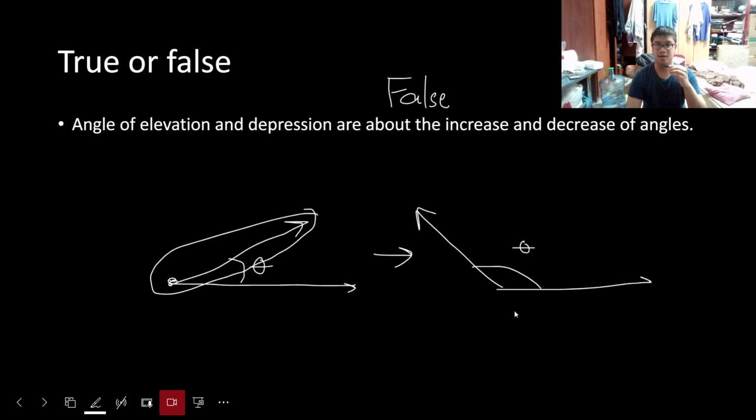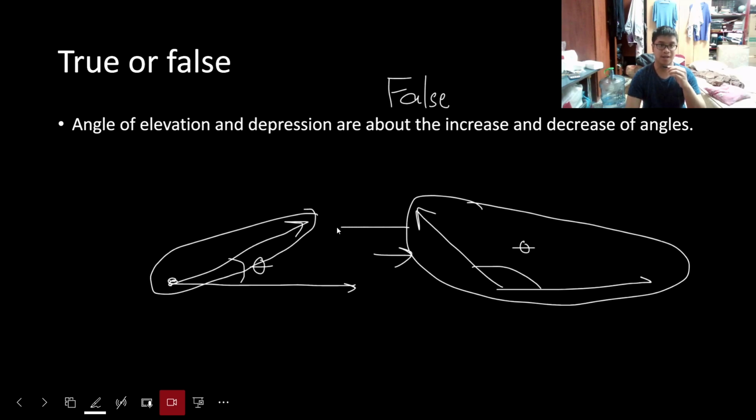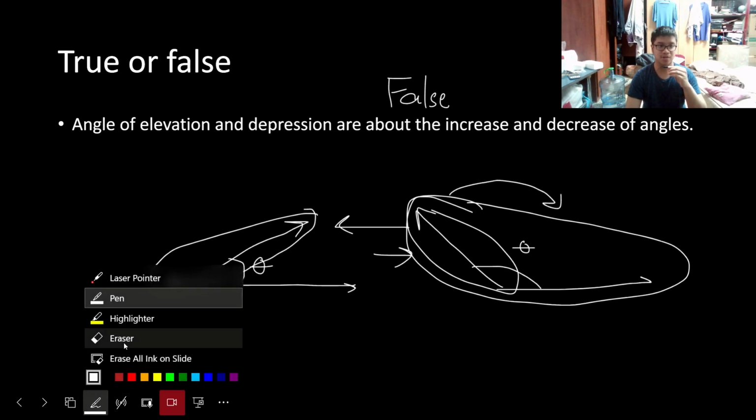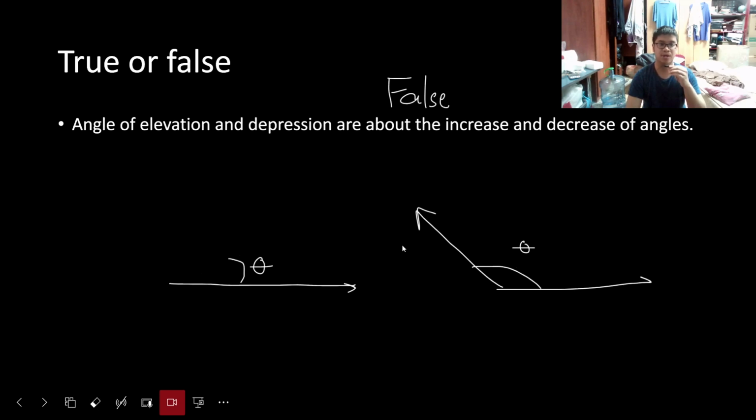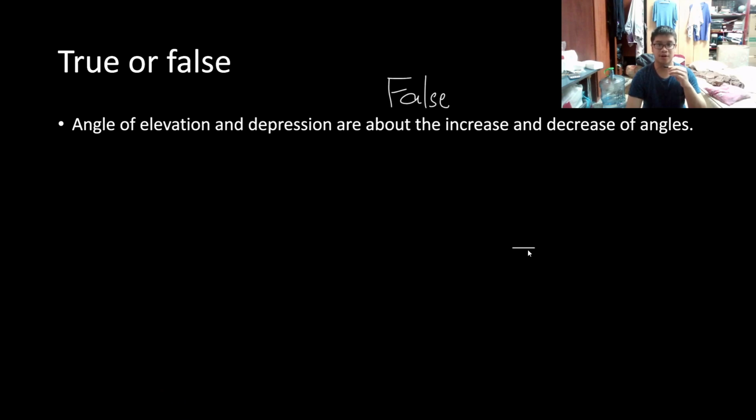But when you say decrease, think of it this way: this is the original form of your angle, and then you rotate this part in that direction. As a result, there's a decrease of angle. So this is not actually about increasing or decreasing angles.